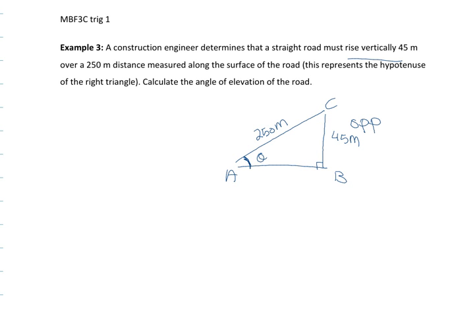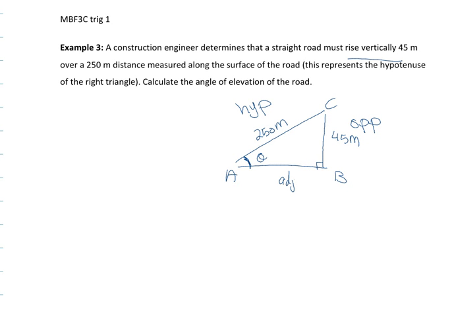Where is the hypotenuse? 250. And then the other one is the adjacent. Do I need to write the adjacent, or do I know the opposite and the hypotenuse and that's it? Oh, yeah, that's it. I don't need to write adjacent. You can, but you don't.